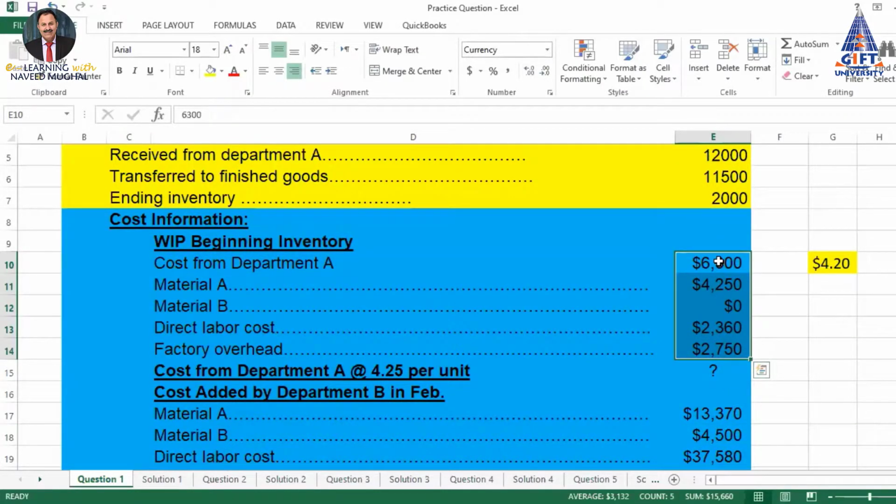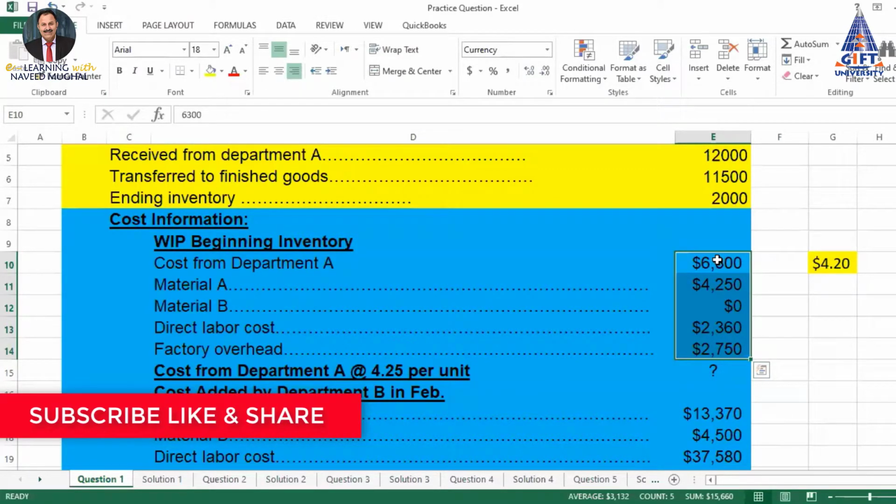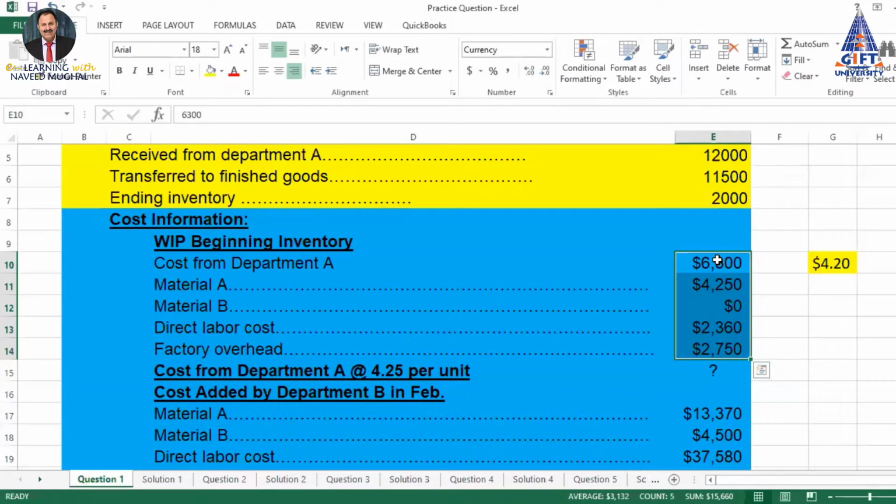If we had the opening inventory cost of all these combined in total, then we can only apply the first in first out method. So in another way, whether this question is for the weighted average method or for the first in first out method, this information will also guide you.